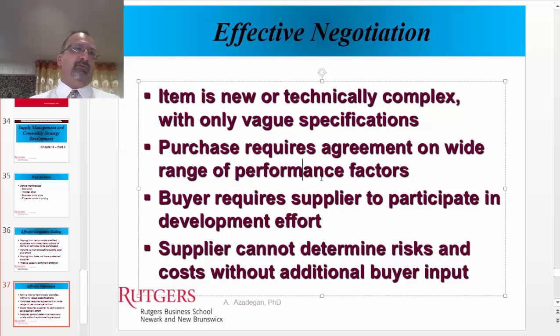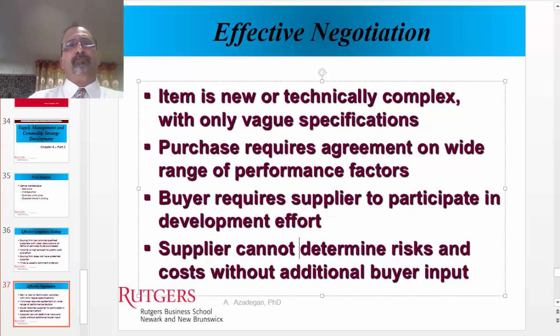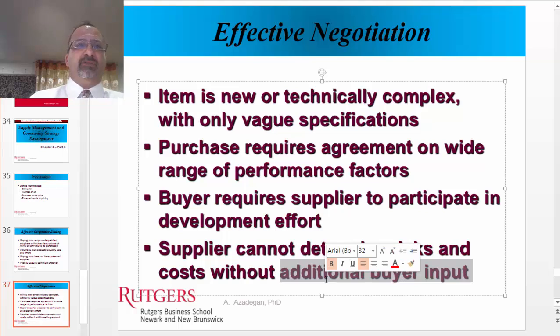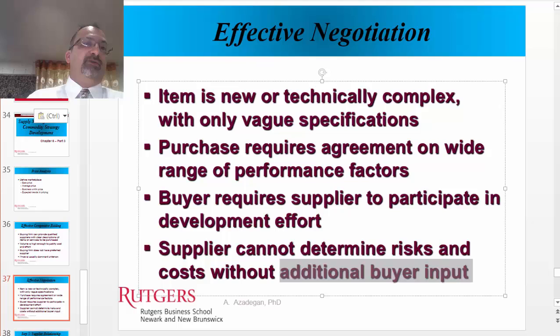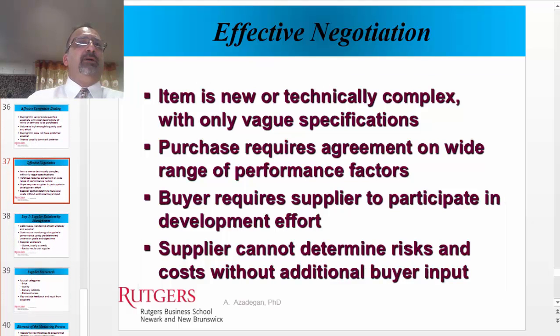You negotiate when you have a design, a brand new supply item, and those are the times when negotiation makes more sense, and when the suppliers are involved in a development effort. And sometimes when the risks are so vague and unknown that without buyer input, the supplier can't really determine the costs associated with developing it or the risks involved. So that's when negotiation becomes more effective.